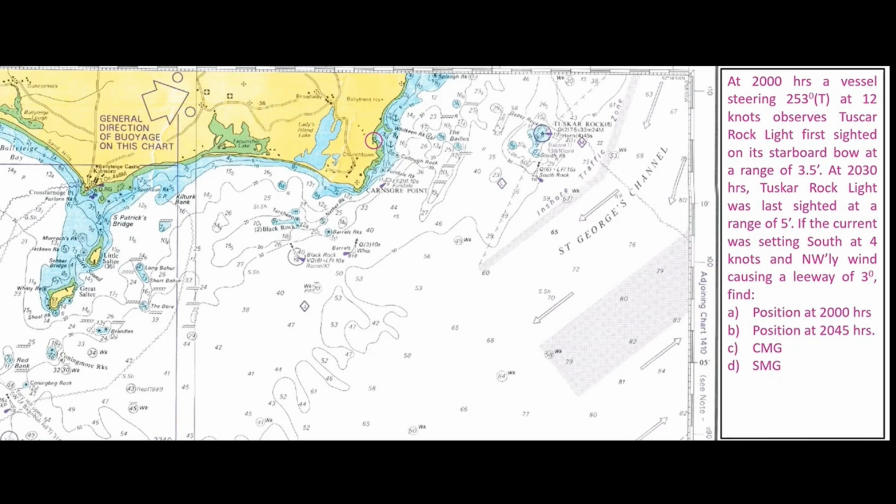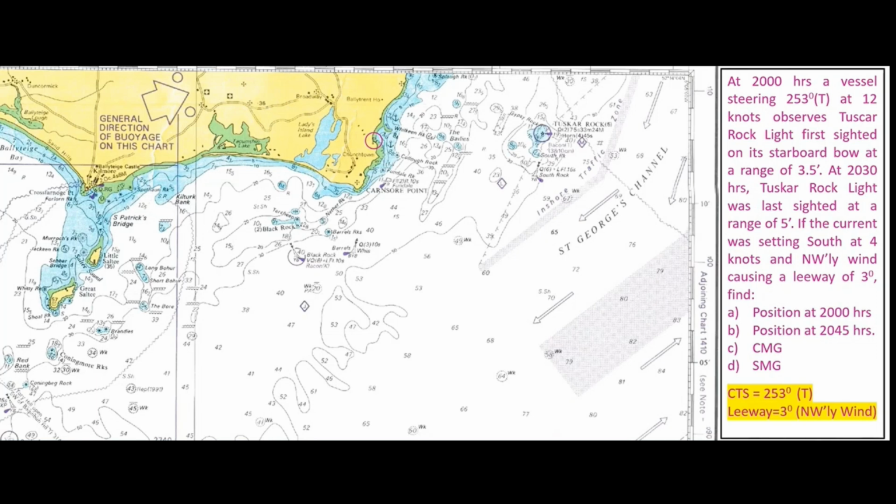Now, in this case, since we have to allow for both wind and current, as we already know, we first need to allow for wind followed by current. Allowance for wind can be made on the answer sheet. So CTS 253 degrees true, you can see the yellow highlighted information. Leeway 3 degrees, northwesterly wind.